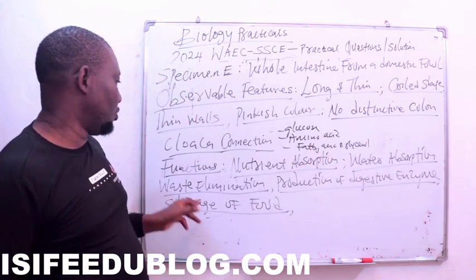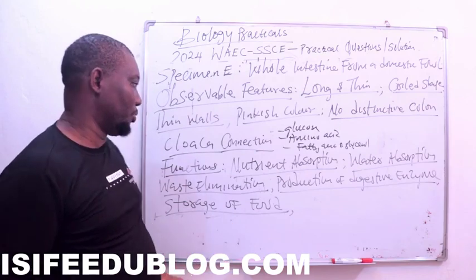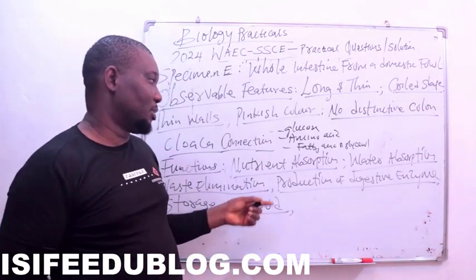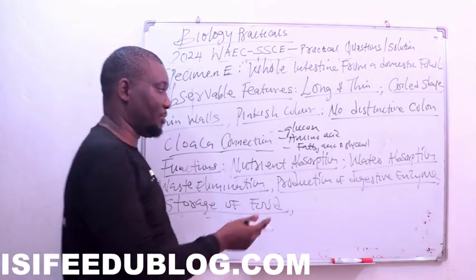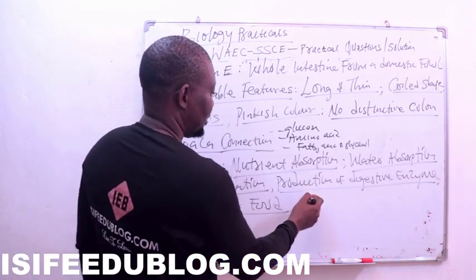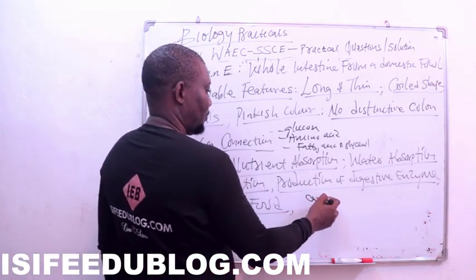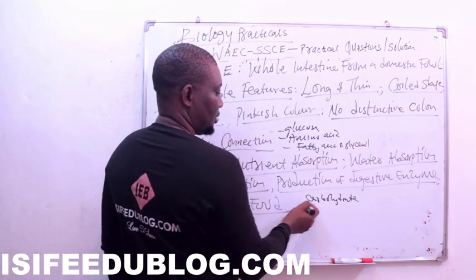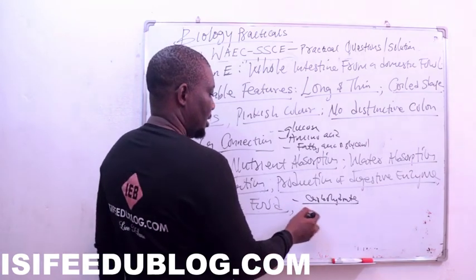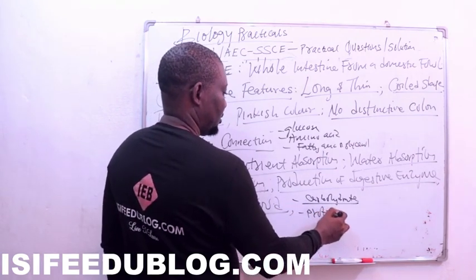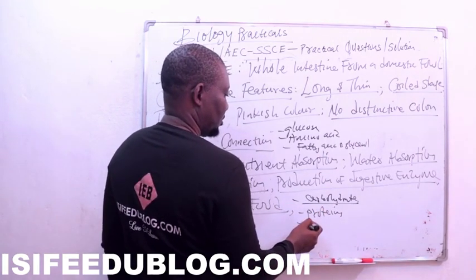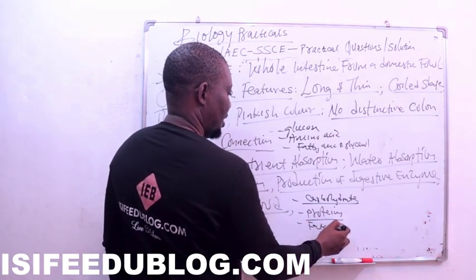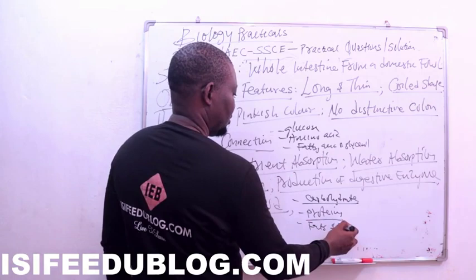The small intestine also eliminates waste products. This is also where there are some enzymes. Most enzymes produced in the small intestine are enzymes for carbohydrate digestion, enzymes for proteins, enzymes for fats and oils.